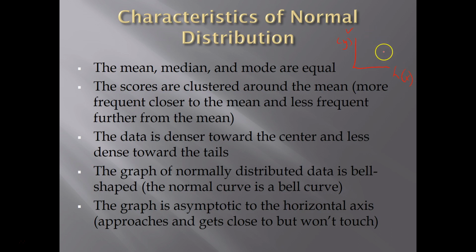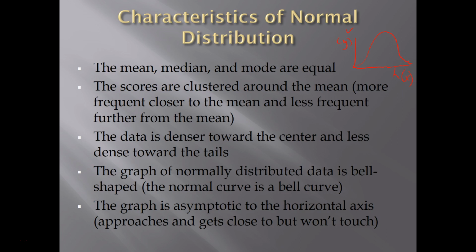What it means when it's bell-shaped is that it's going to go up and then come back down again like a bell. Notice that looks like a Taco Bell symbol or something, right? Now, the bell doesn't ever actually touch this x-axis, this horizontal axis. It just gets closer and closer and closer to it, but never quite touching it.